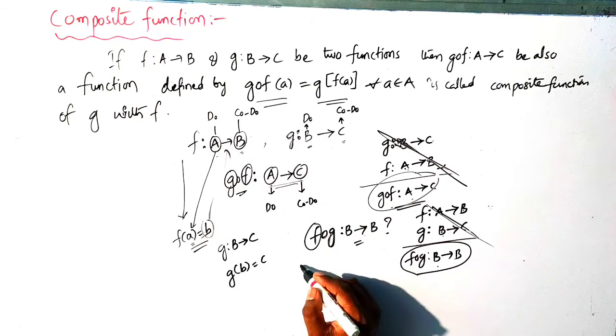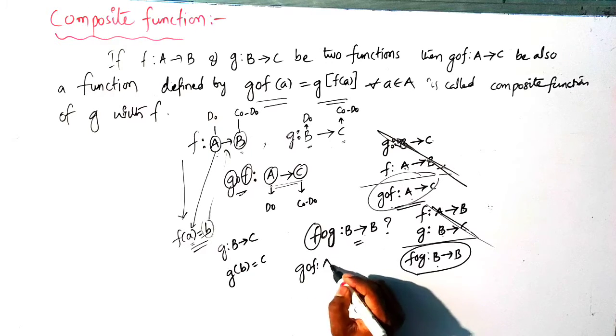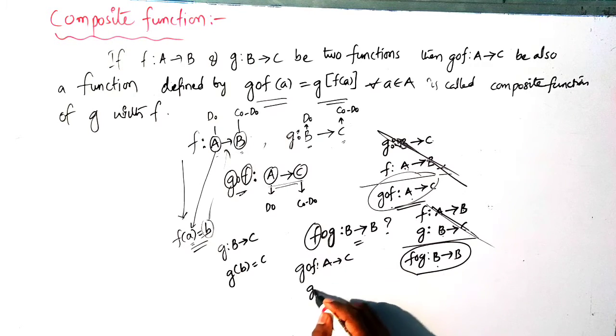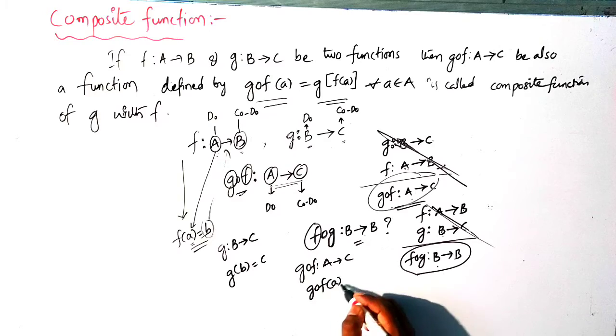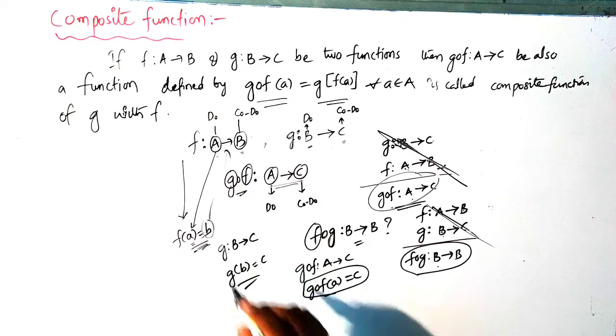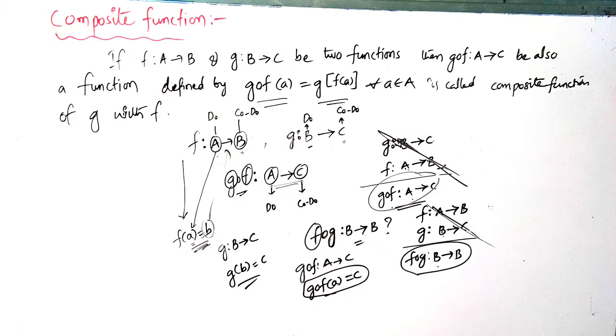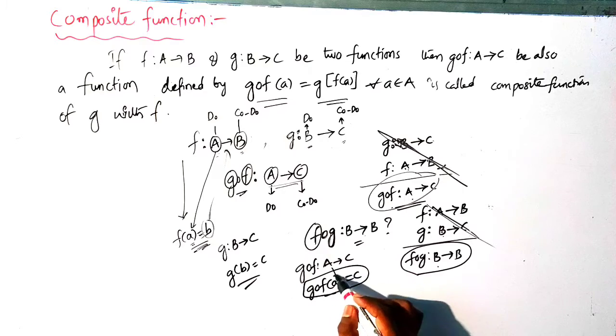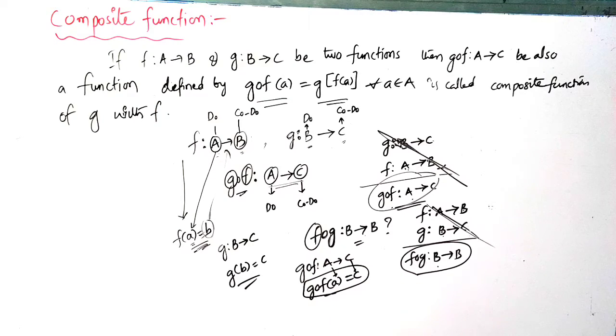Next, g circle f is a mapping from A to C, that's why g circle f of a equals c we write here by using these conditions. F of a equals b and g of b equals c, and g circle f of a equals c we get here. Clear?